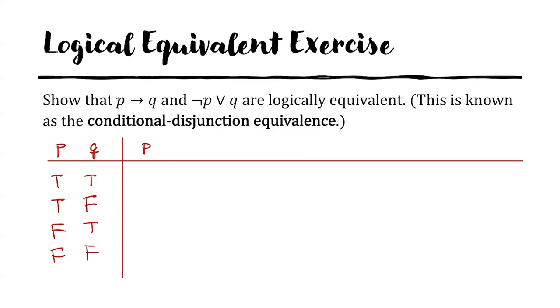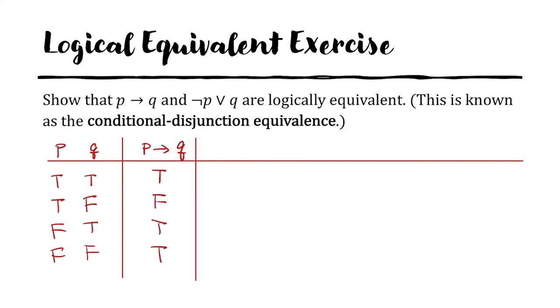Now we need to construct P implies Q. And we know implication is only false if your hypothesis is true but your conclusion is false. So when you have a true false, otherwise it will be true.